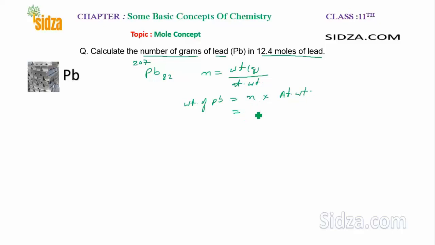So the number of moles is 12.4 times the atomic weight of lead, 207, which is equal to 2566.8 grams. That means 12.4 moles of lead has a weight of 2566.8 grams. Hope you got the concept.